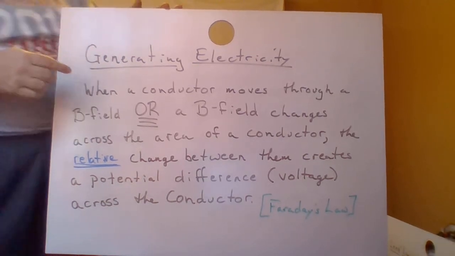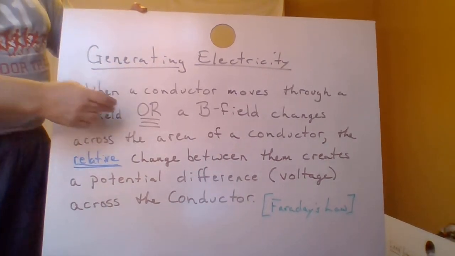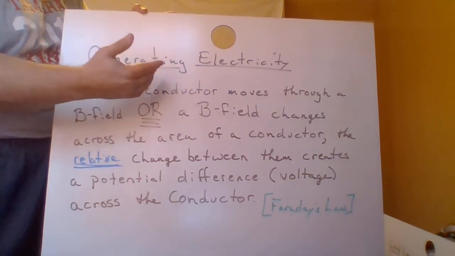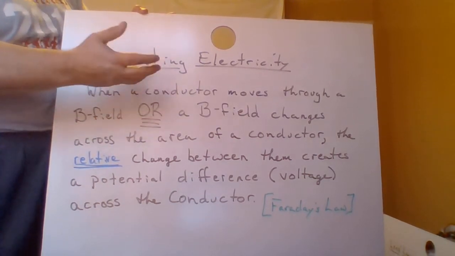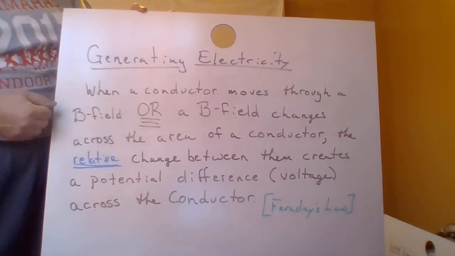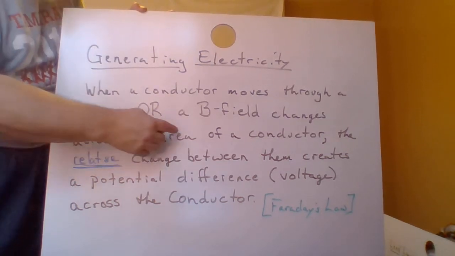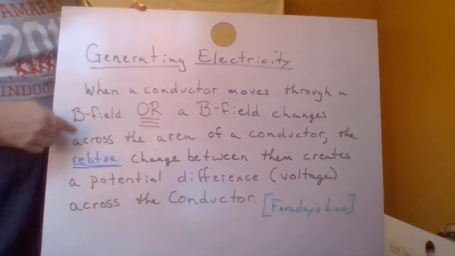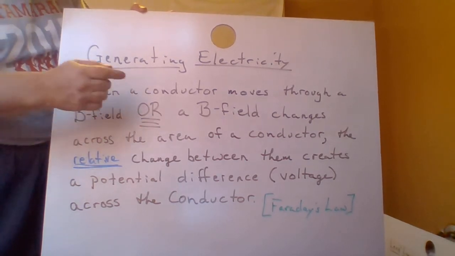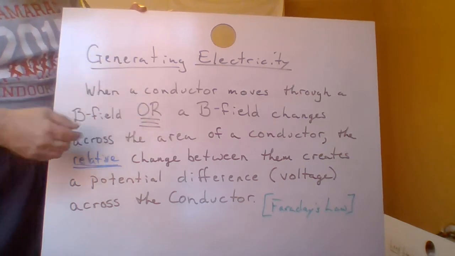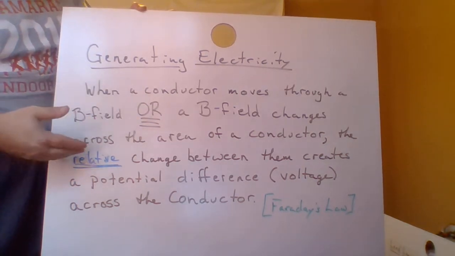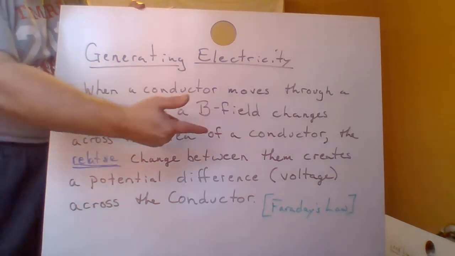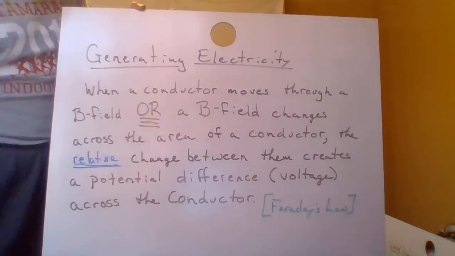When a conductor moves through a magnetic field, or the magnetic field changes, the magnetic field itself could move, or itself could change in some fashion across an area of a conductor. That relative change between these two creates the EMF. They create the potential difference or voltage across the ends of the conductor.